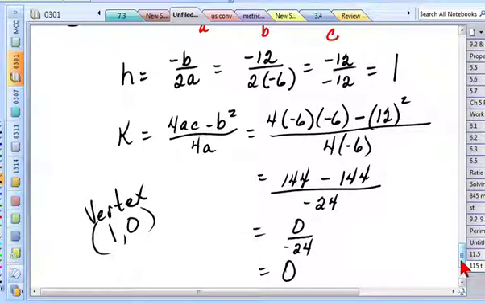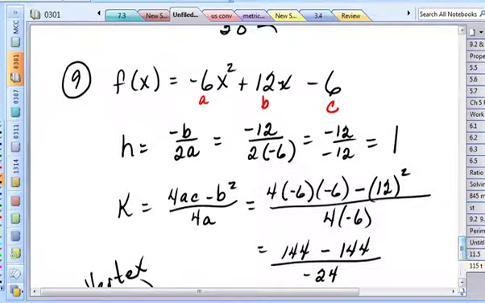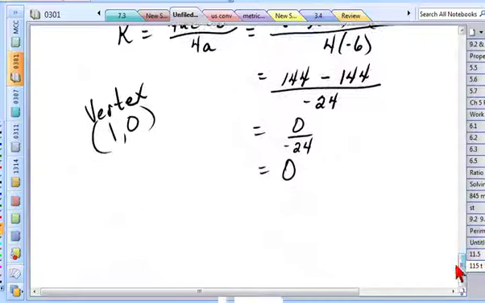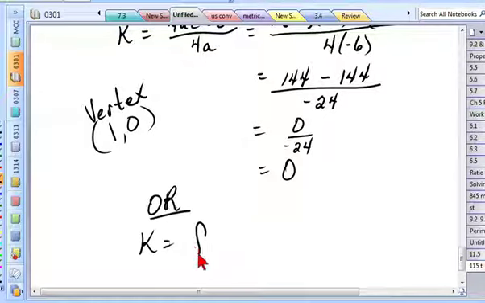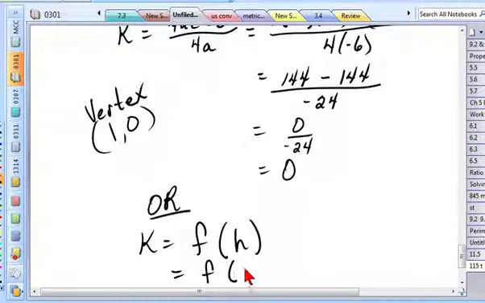The other way you could get k is to evaluate the function when h is 1. So I'll be glad to do it that other way. Or k is equal to f of h, which is f of, in this case, 1.